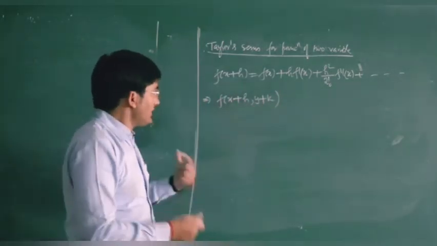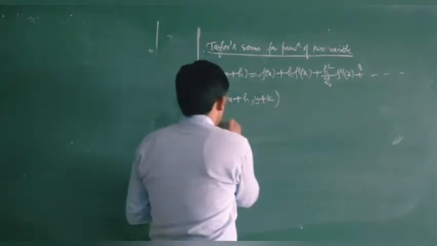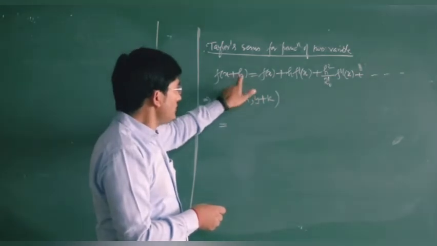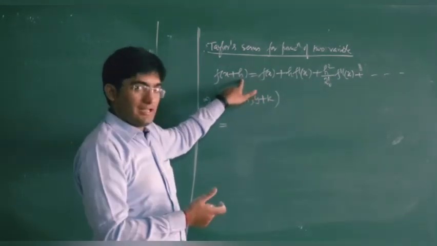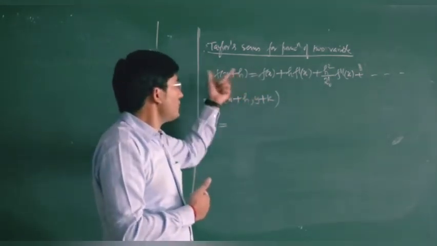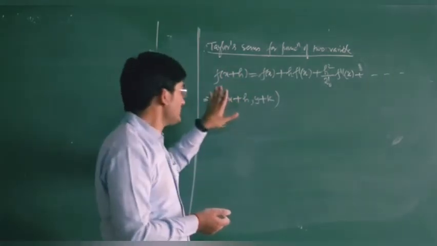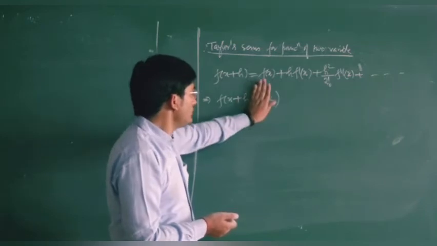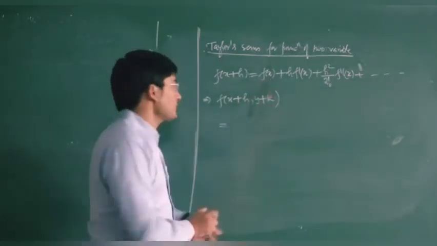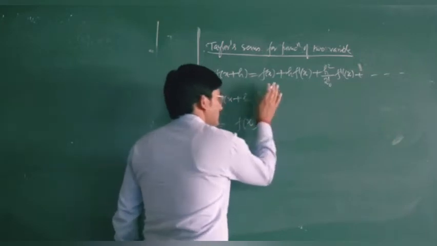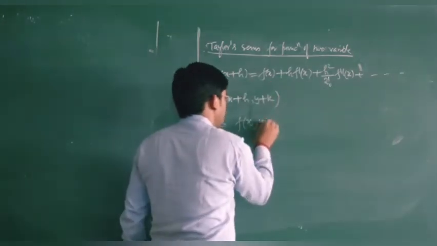If this y plus k is constant, then using this series, that means using the Taylor series for a function of one variable, let us expand this left hand side, assuming that this y plus k is constant. So this will simply be f of x, and y plus k is constant, so just write it.